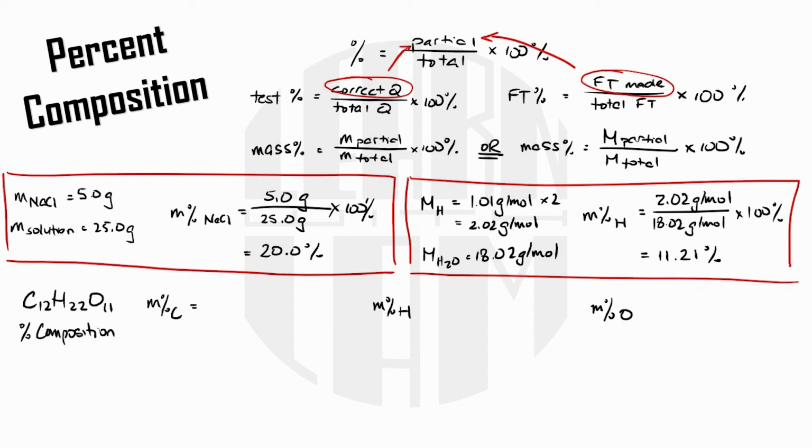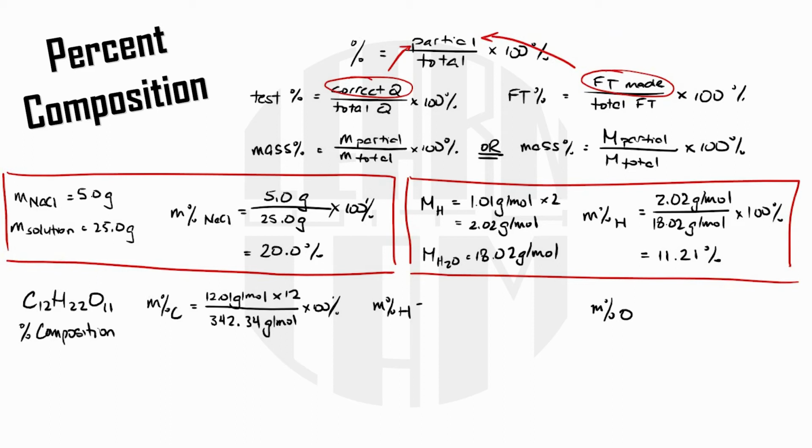The mass percent of carbon is 12.01 grams per mole times 12, because there are 12 carbons in sucrose, divided by 342.34 grams per mole, which is the total molar mass of sucrose, all times 100%.